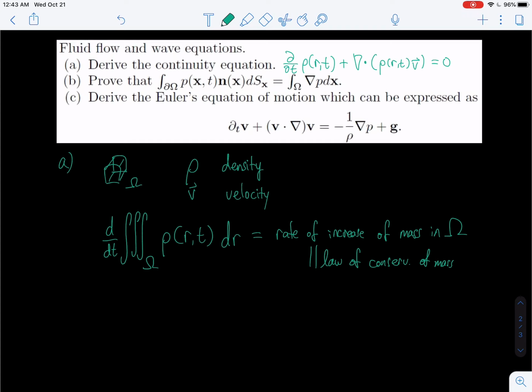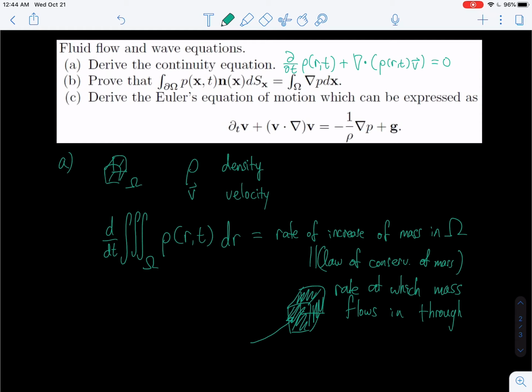But it flows in through the boundary. So just imagine omega as a box, and we are only focusing on the surface. We have fluid flowing in through the surface. So this equals the rate at which mass flows in through the boundary.